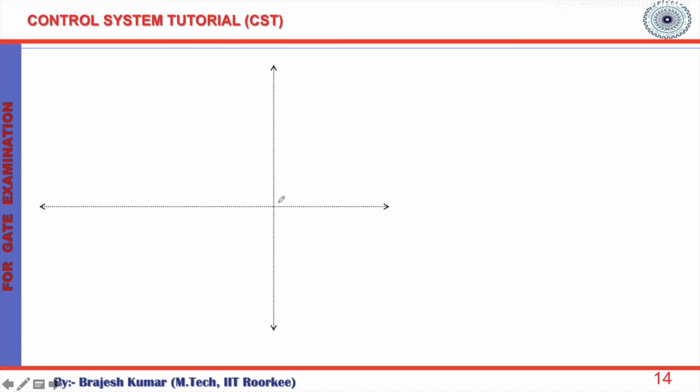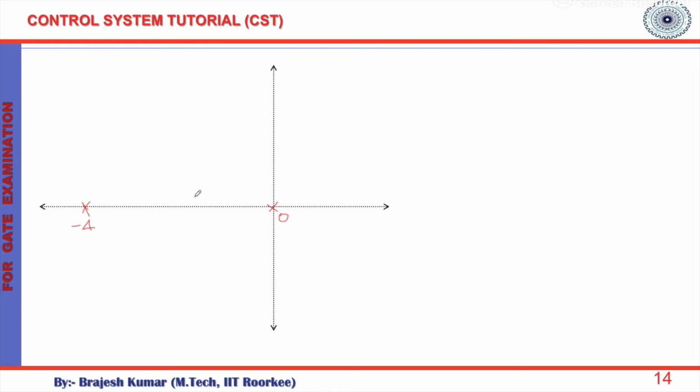First, we have a pole at origin, then a second pole at -4, and other than that we have two complex conjugate poles, -2 plus/minus 4j.